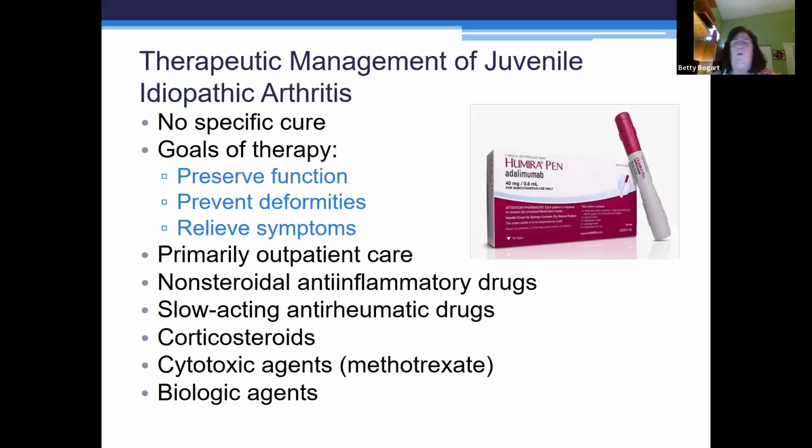How do we treat it? Well, there is no cure, it's something you've got to live with. So the biggest thing, with deformities, is to try to decrease those deformities, preserve the function, and then relieve the symptoms. And the symptoms are pain and stiffness. So NSAIDs for pain is what helps the best because it's anti-inflammatory. The big thing they always start with is methotrexate, whether pills or injections.